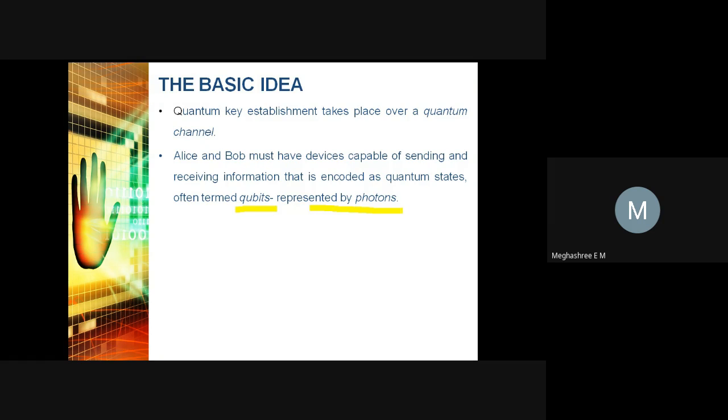So the data that is exchanged between Alice and Bob, we can call it in the form of photons, and we call that qubits. For quantum key establishment, one example is the BB84 protocol, and this is also a very important topic which they asked in your previous exam.